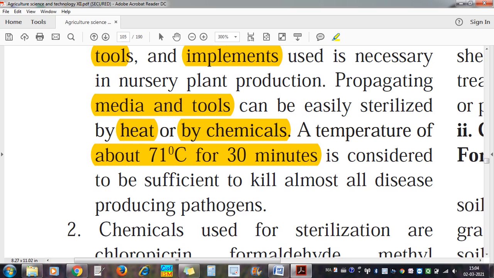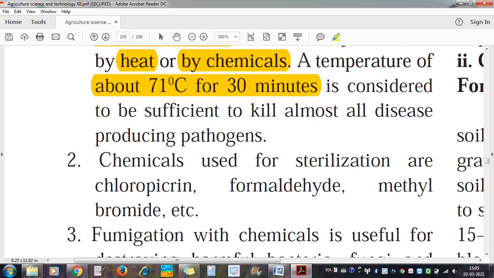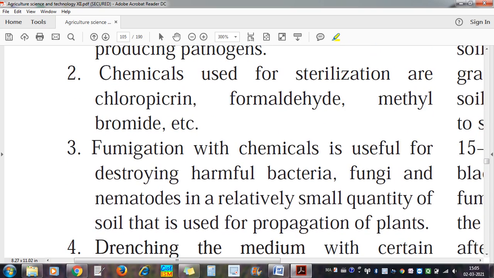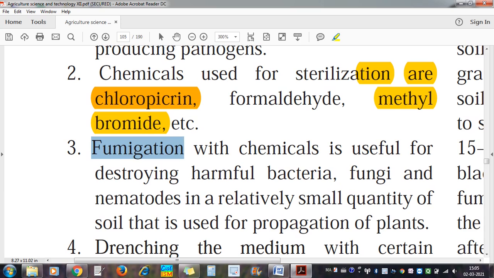We can also use chemicals for sterilization, like chloropicrin, formaldehyde, or methyl bromide for sterilization of these things. Then fumigation also can be done, meaning fumes are made by using chemicals to control harmful bacteria.